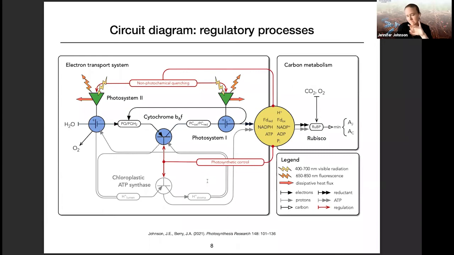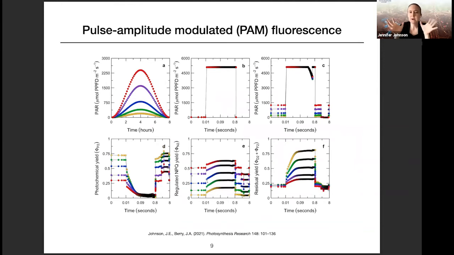So these are the core ideas in this conceptual model. And what I want to turn to next is an experiment to give you the intuition about how you can see these interactions in common experimental measurements. This is an experimental data set where I used pulse-amplitude modulated, or PAM, fluorescence to examine the light response of photosynthesis in poplar leaves.